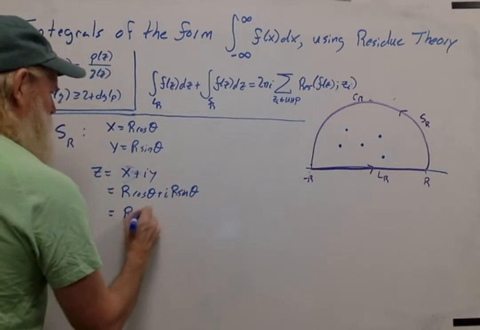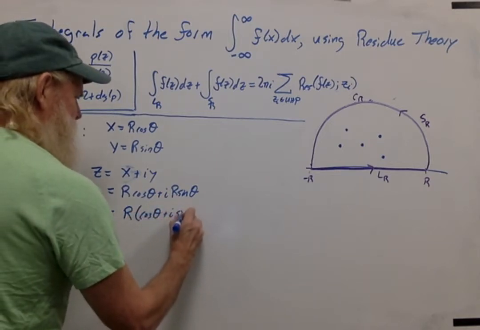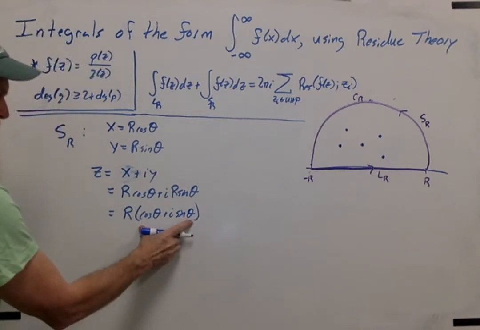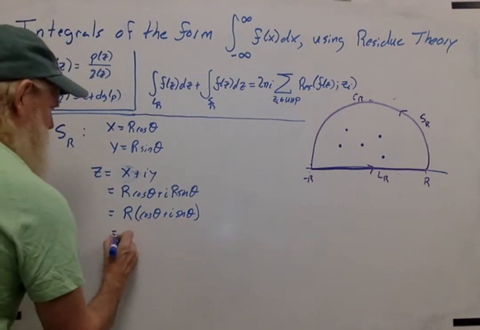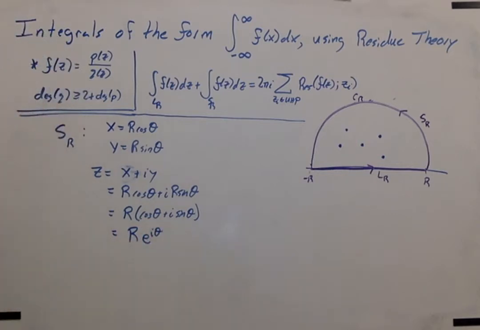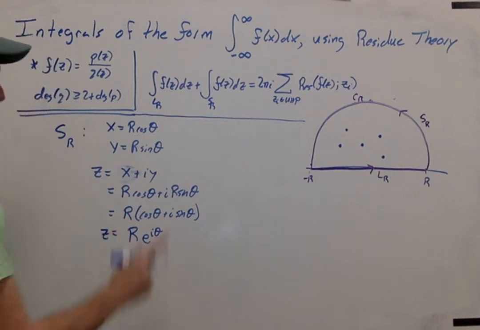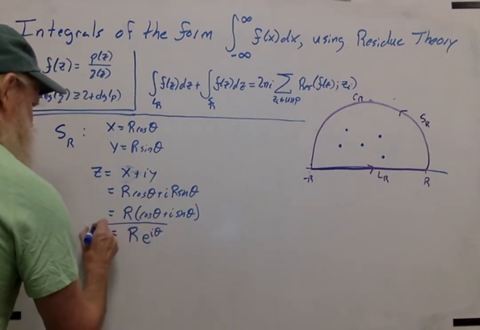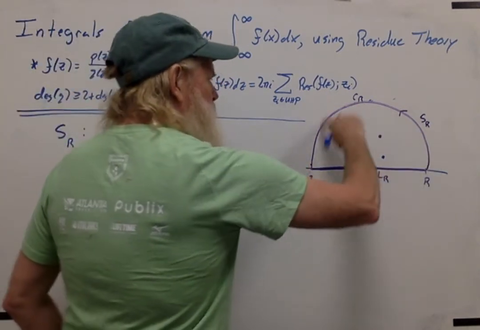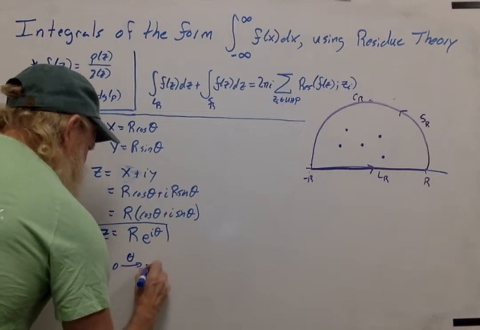If we factor out the r, then that's cosine theta plus i sine theta. And you might recognize this from Euler's formula. This is the same as r e to the i theta. And it's going to be easier to think about it that way. So we can parameterize the semicircle by letting z equal r e to the i theta. And since I only want the upper half, I'm going to let theta go from 0 to pi.